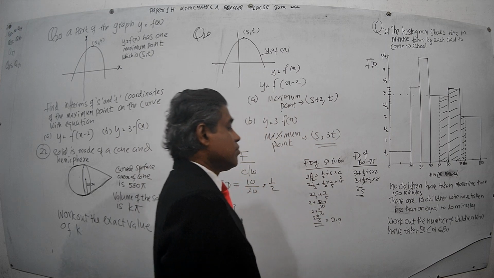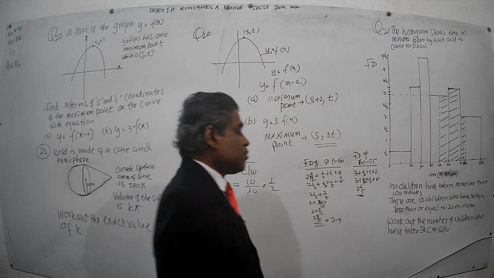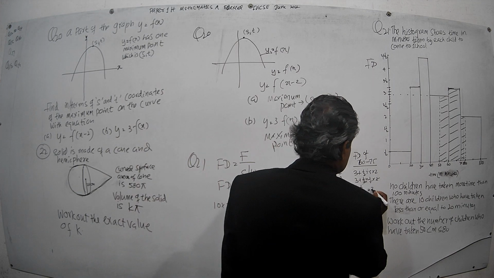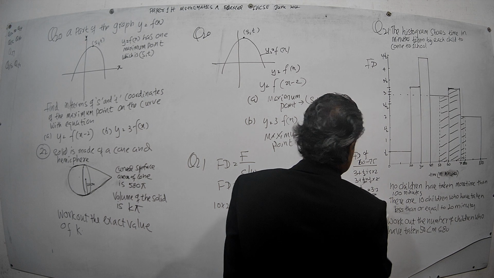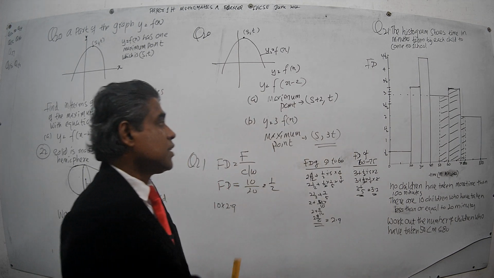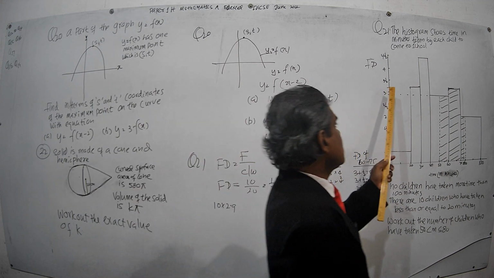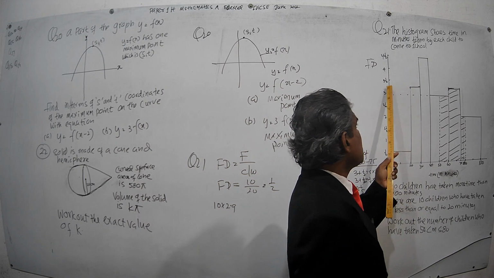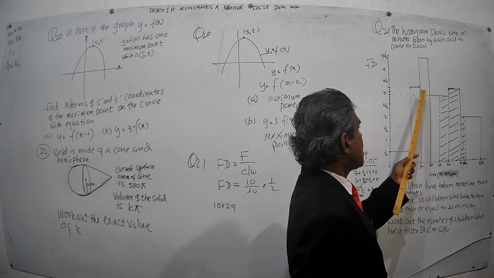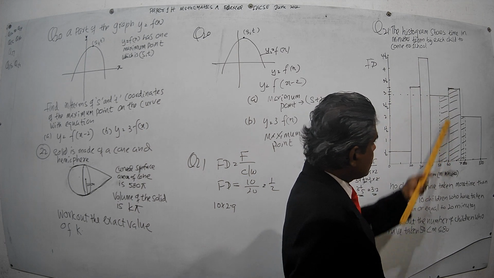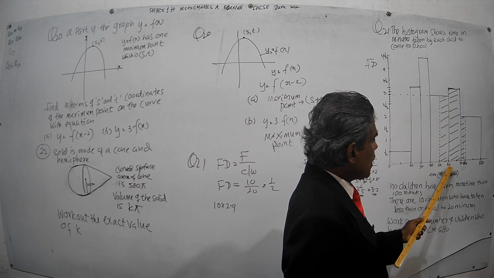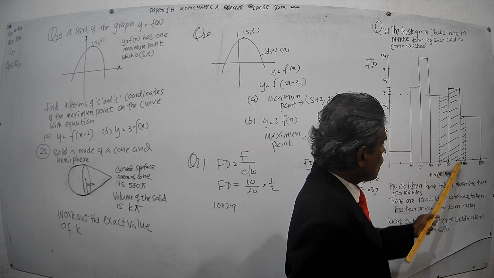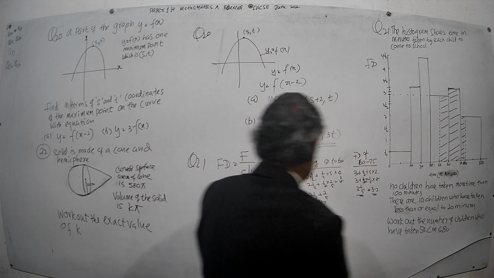That is it. 3 1 over 5 means 3.2. Right? 3.2. Then this whole thing will be 3.2. This height, 3.2, then the area will be that height into this 60 to 75, 15.